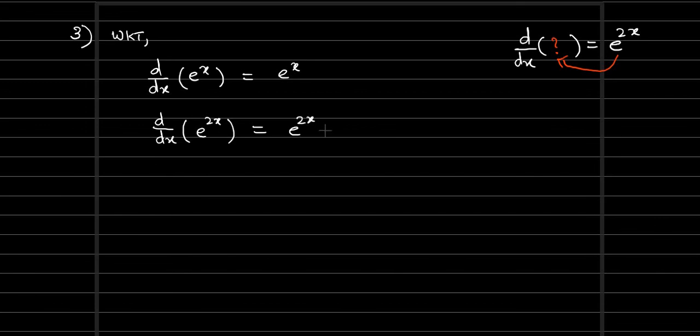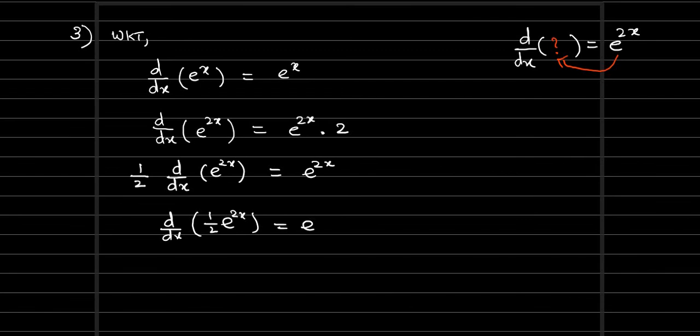Then 2x differentiation is 2. But we have to find only the antiderivative of e power 2x, not 2 e power 2x. So we are going to send the 2 to the other side. What happens then? 1 by 2 d by dx e power 2x. Now this constant term will combine with the function. 1 by 2 e power 2x.